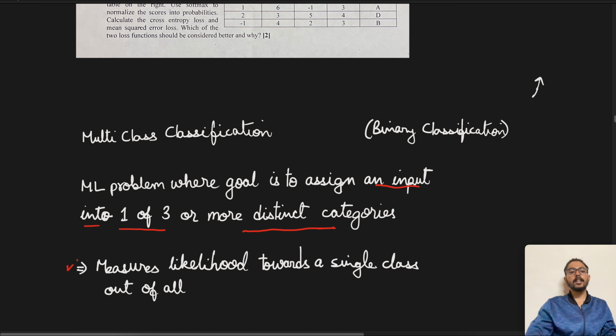In basic terms, multi-class classification measures the likelihood towards a single class out of all. If we try to understand it in a better way, we are doing binary classification for all the classes, towards this single class against all the other classes in the data space.